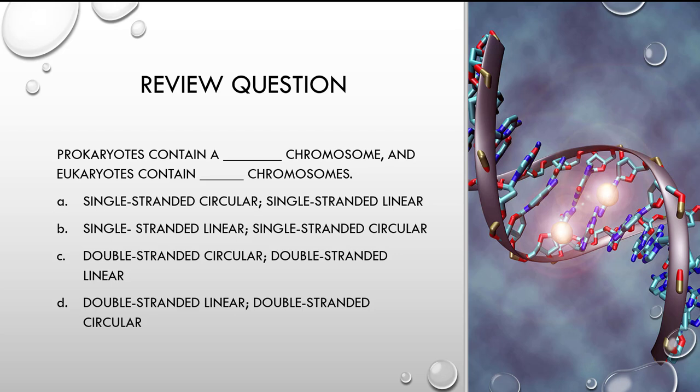Or is it C, prokaryotes contain a double-stranded circular chromosome and eukaryotes contain double-stranded linear chromosomes? Or is it D, prokaryotes contain a double-stranded linear chromosome and eukaryotes contain double-stranded circular chromosomes? So how do we fill in the blanks?